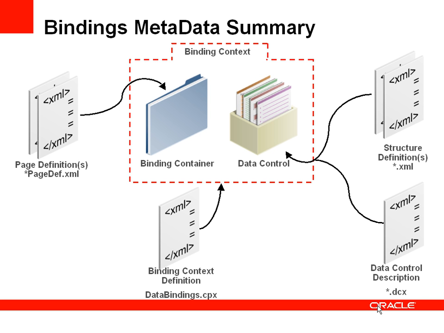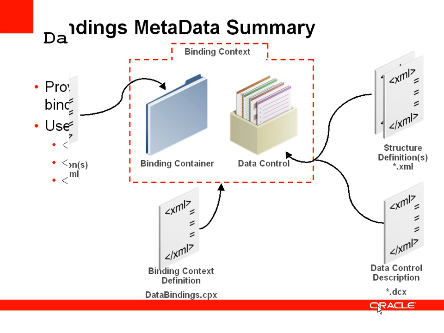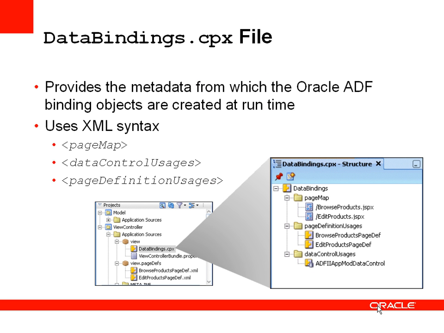And so this together gives you a binding context, which is your data control and your binding container. As I mentioned, the databindings.cpx file provides a mapping as to which JSF pages you have, and the binding files that back those pages.